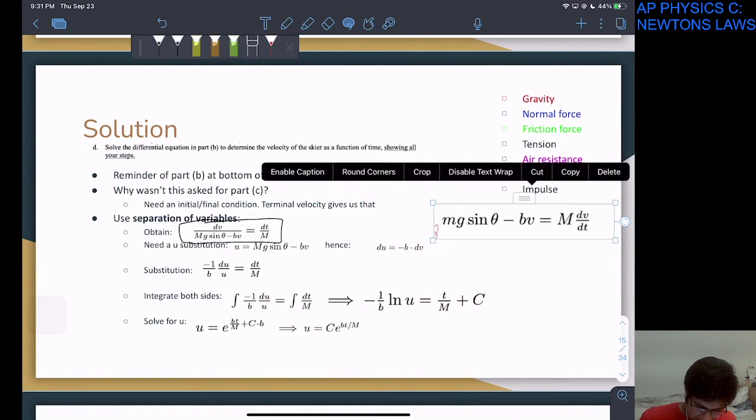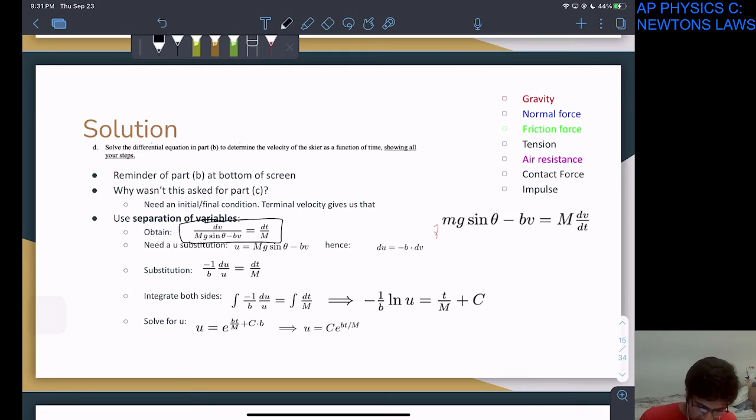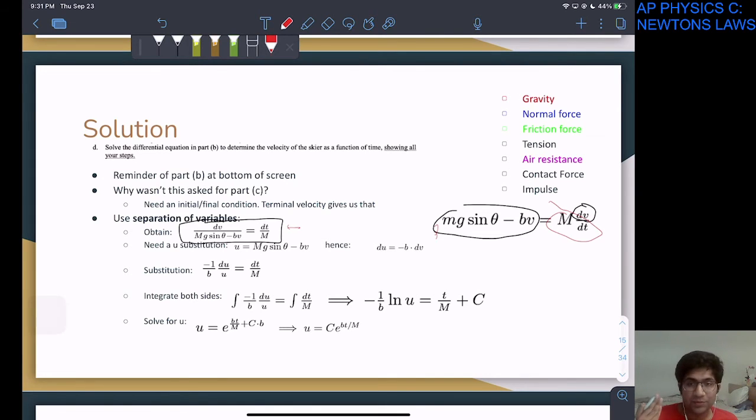If you take this equation and rearrange it, you get this term in the numerator, and this mg is this part here in the denominator, and then you put this on the other side, take the reciprocal, multiply it to the other side. You end up getting this here, and this is basically our separation of variables.